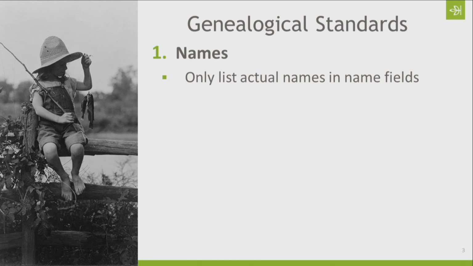So only list actual names in name fields. Titles are one of the things that I see sometimes that don't belong there. Other things that sometimes I see in name fields that don't belong there are random characters.